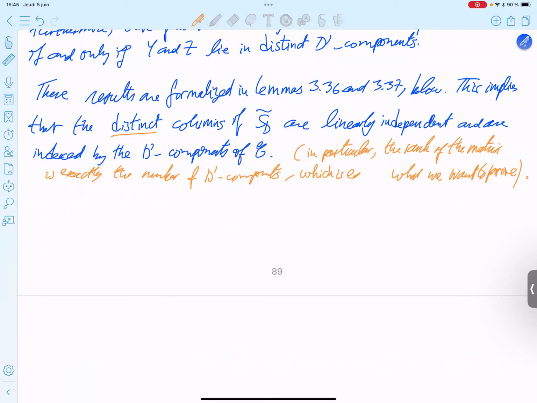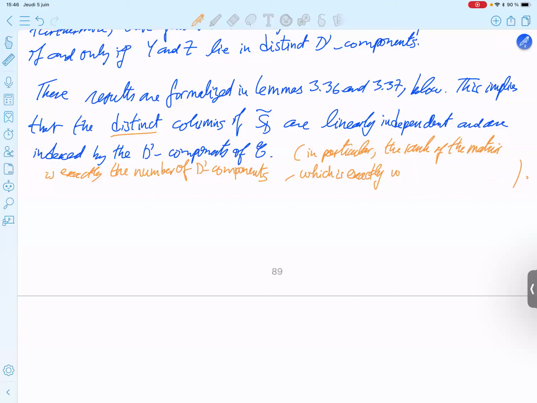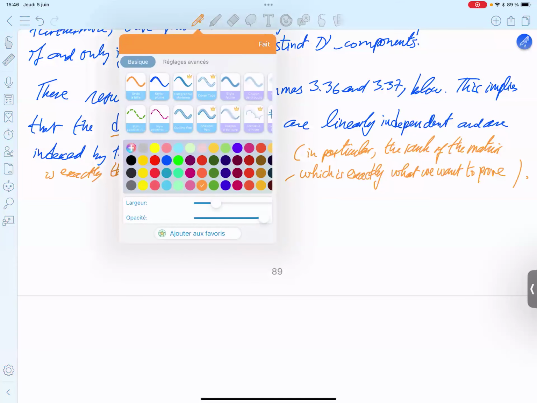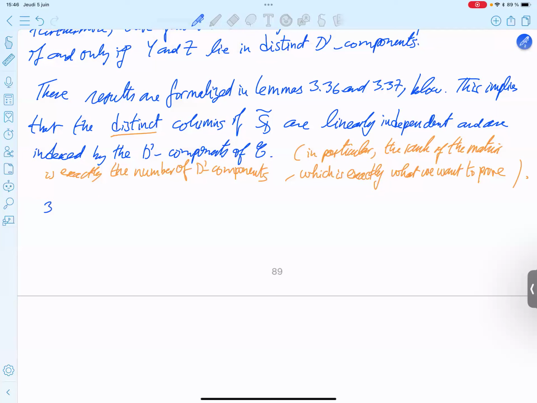Okay, so in the next subsection, we will start the proof in detail.